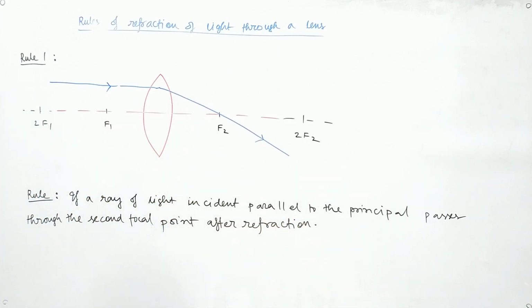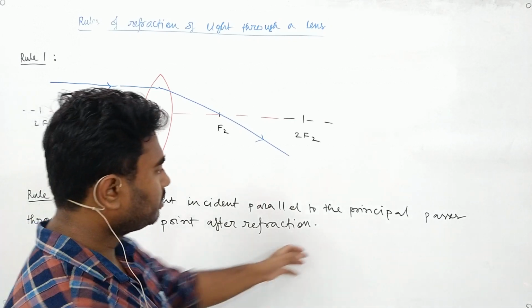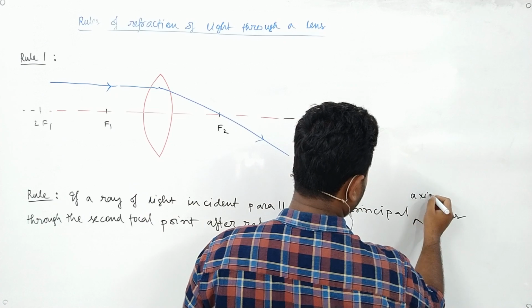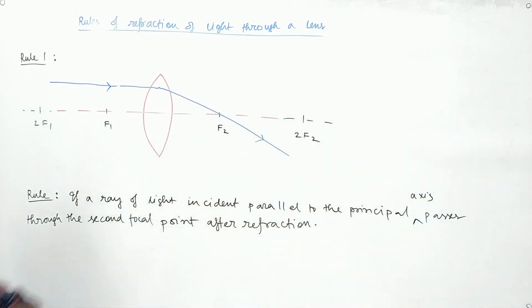Okay, if a ray of light incident parallel to the principal axis passes through the second focal point after refraction.